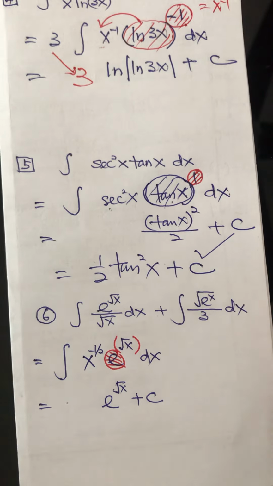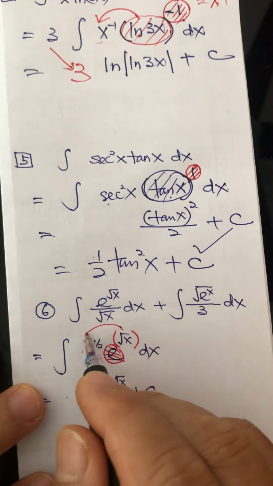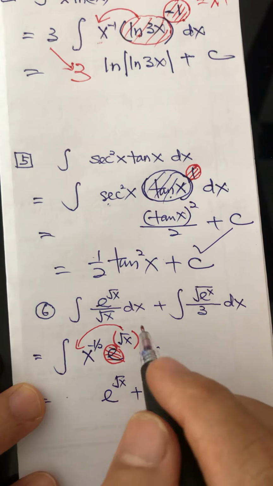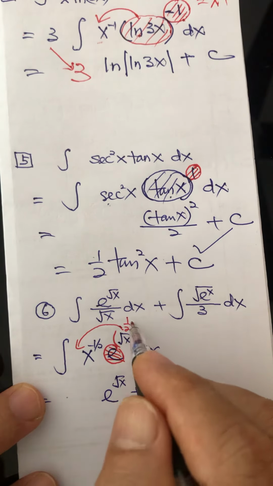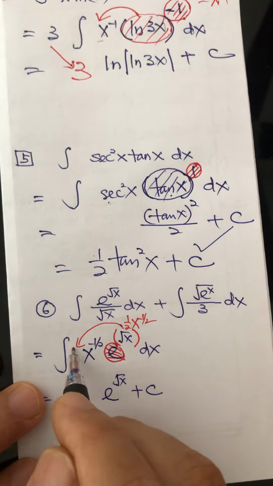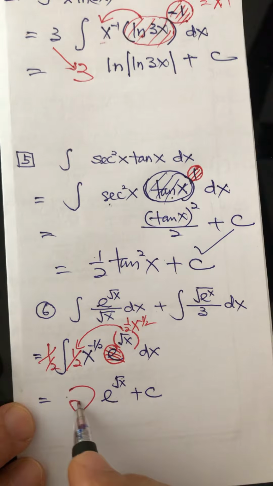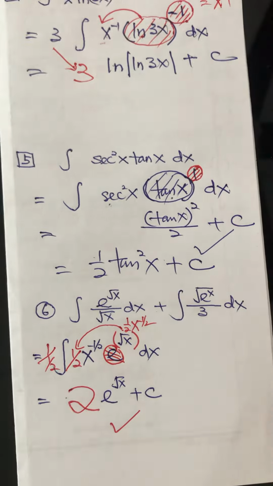Okay? Now, here, then you have to differentiate this. When you differentiate this, what do you get? You get half x^(-1/2). That means here you have to add a half, then 1 over half, which is equal to 2. Then this is correct.